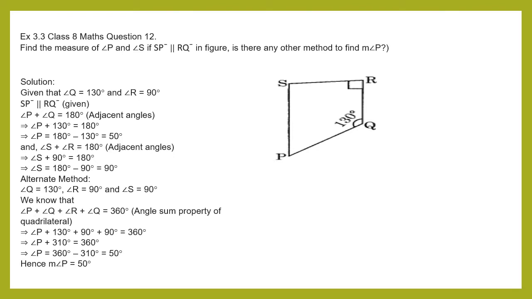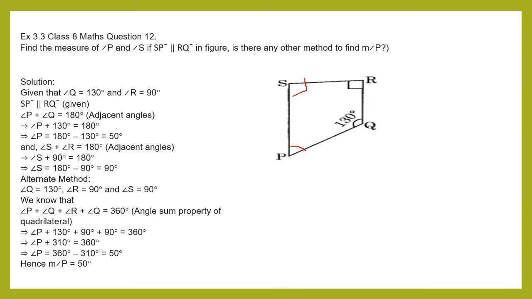Now let us come to question number 12. Children, in this figure also, find the measure of angle P and angle S if side SP is parallel to side RQ in the figure.